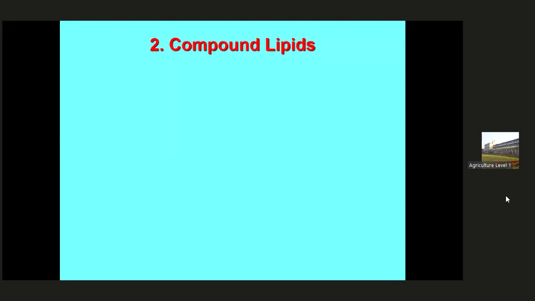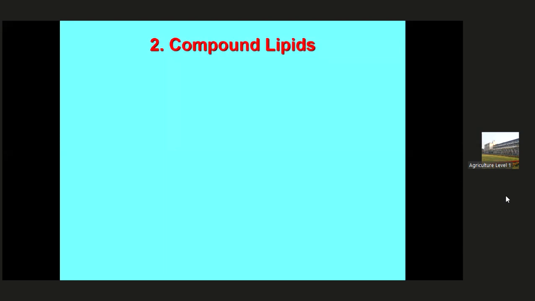Okay, about compound lipids, I think we discussed a little there that the minimum properties of a lipid is the hydroxyl group containing alcohol, it may be glycerol or other monohydric alcohol, and the other is the fatty acid. So this is the least properties of the lipid.